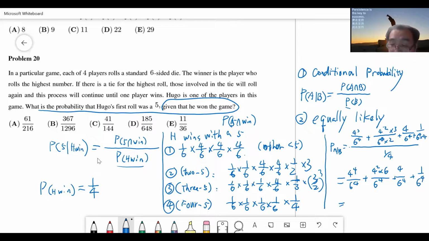Which equals 6 to the power 4 on the bottom. On the top we have 4 to the power 4, which equals 256, plus 96, plus 4, plus 1.